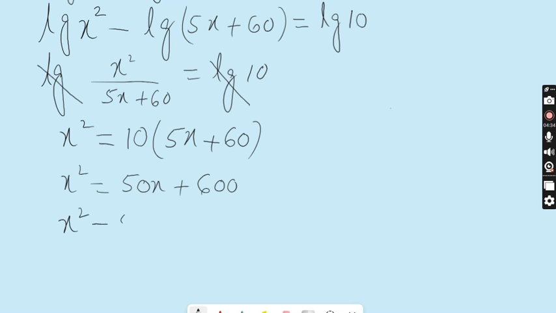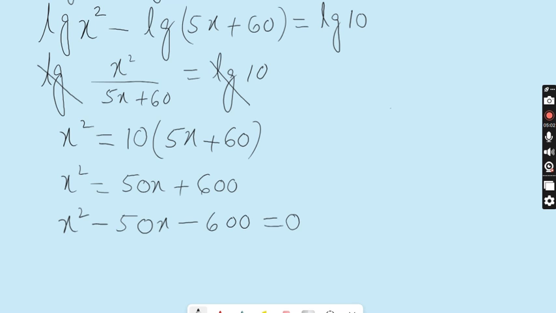So x squared minus 50x minus 600 is equal to 0. This is a quadratic equation. You can solve this quadratic equation by any method, either the middle term break method or the quadratic formula. But as you know, I love the middle term break method.